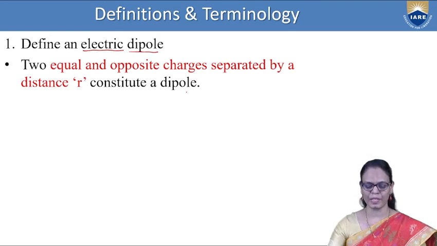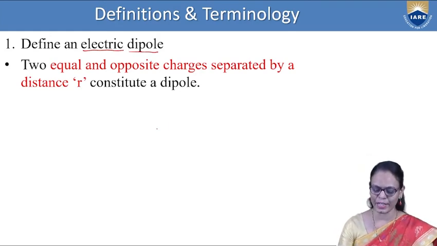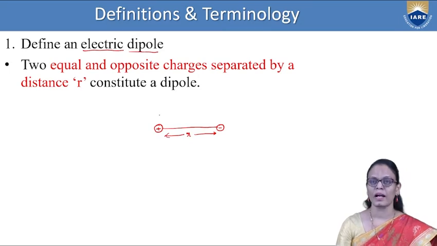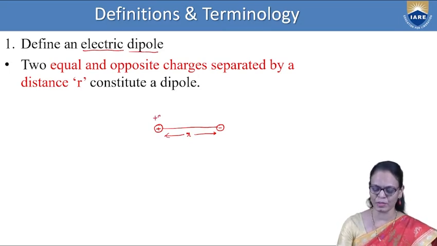So how do we represent it? Suppose we are taking two charges. This is one charge and this is another charge, separated by a distance r. I will name this as plus q and this as minus q, because they should be equal in magnitude.